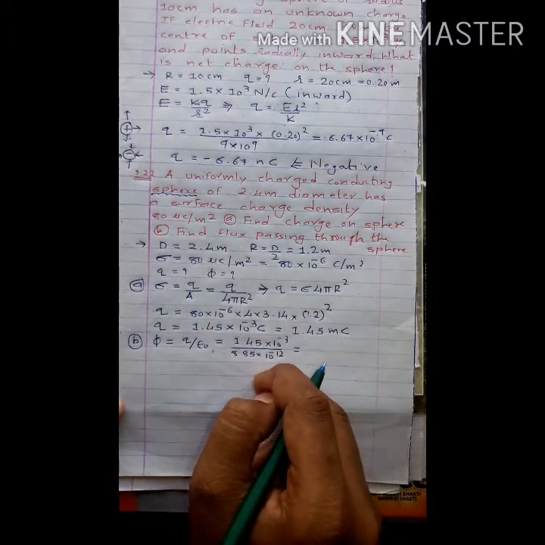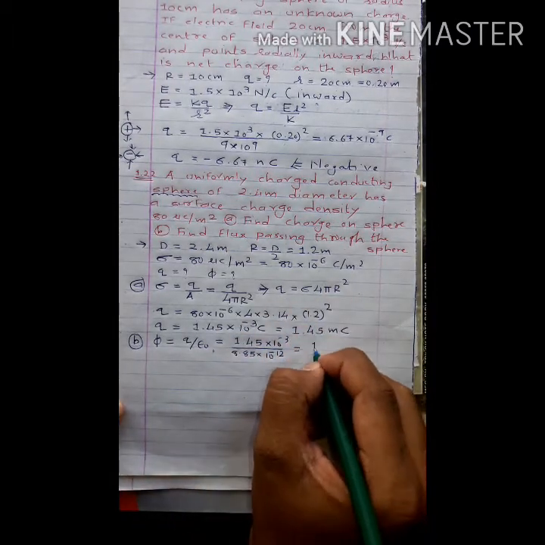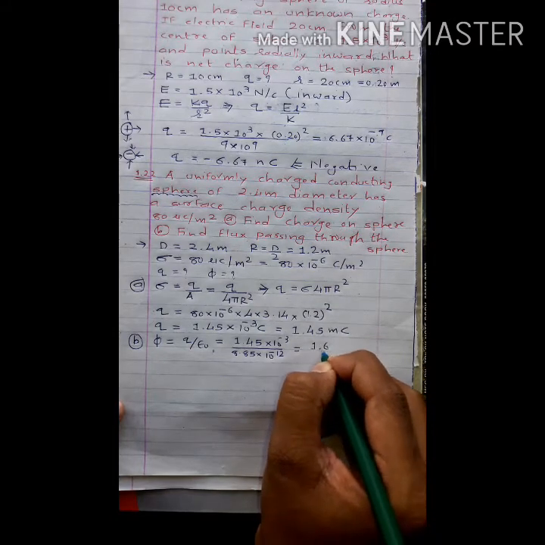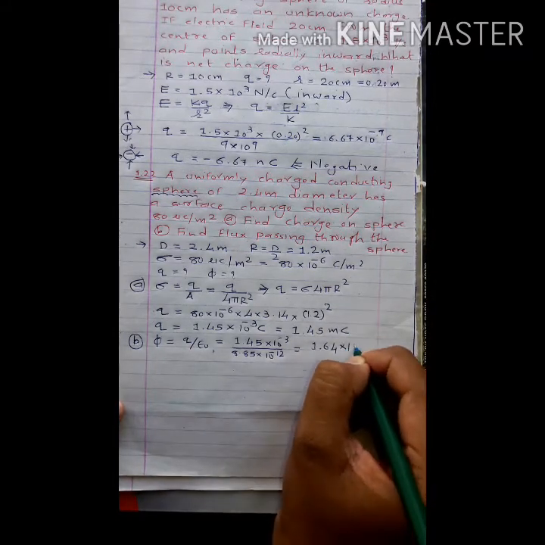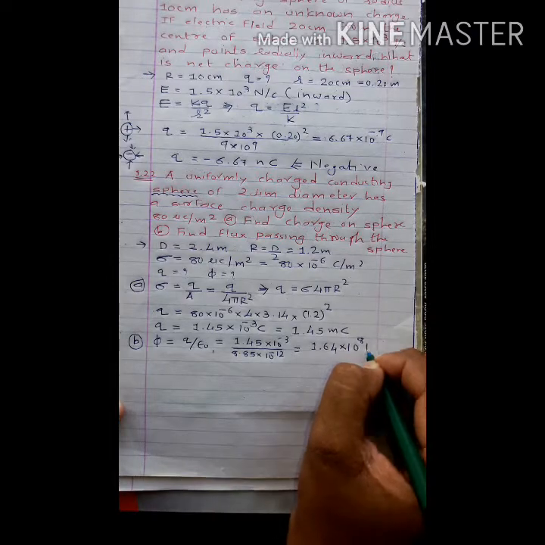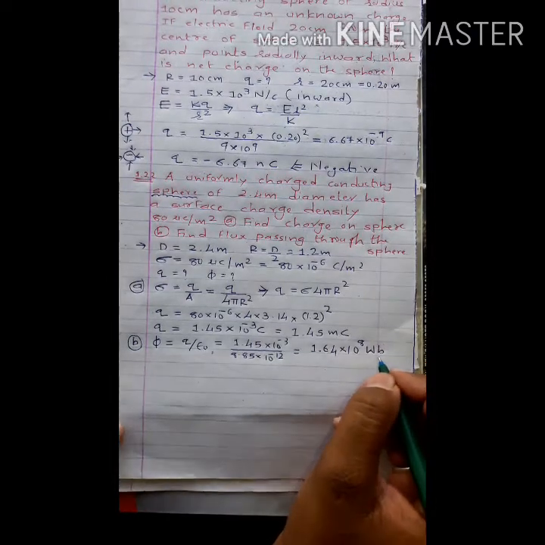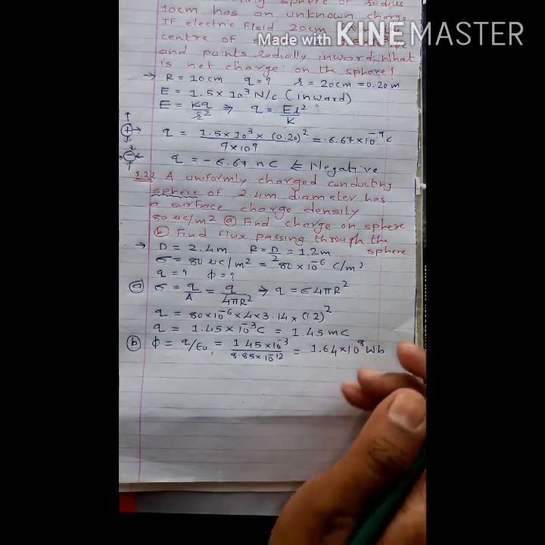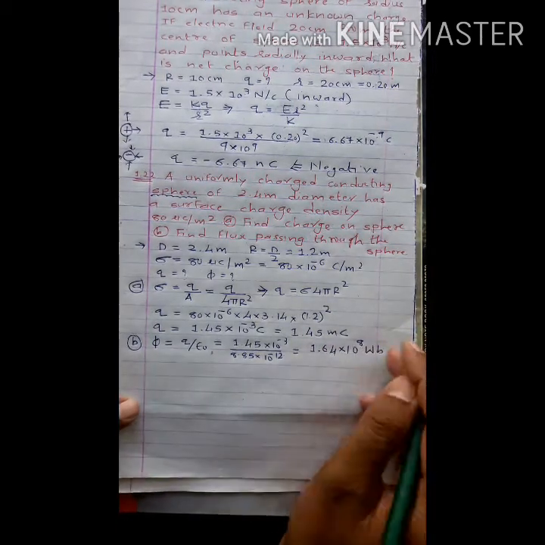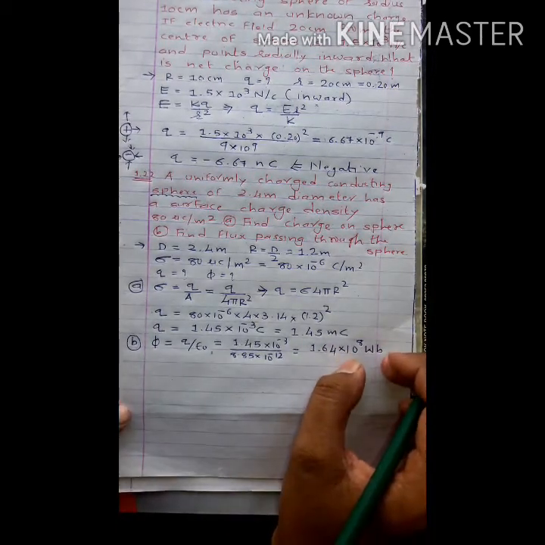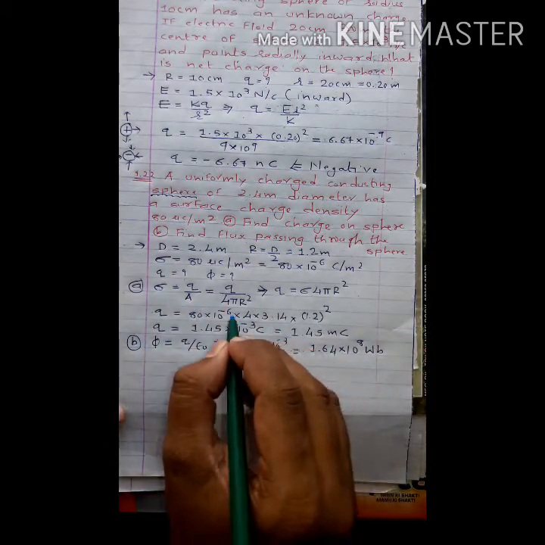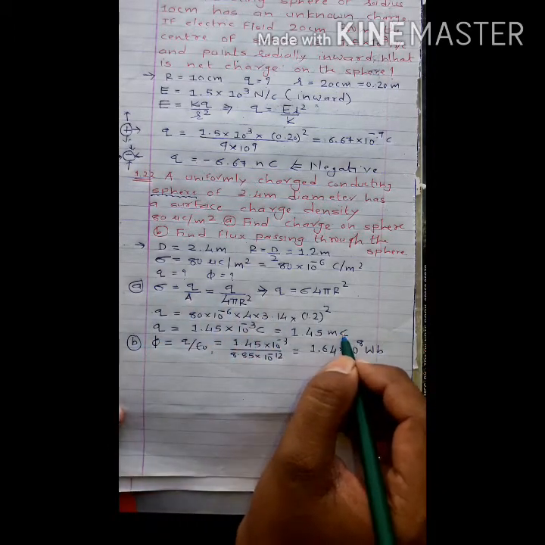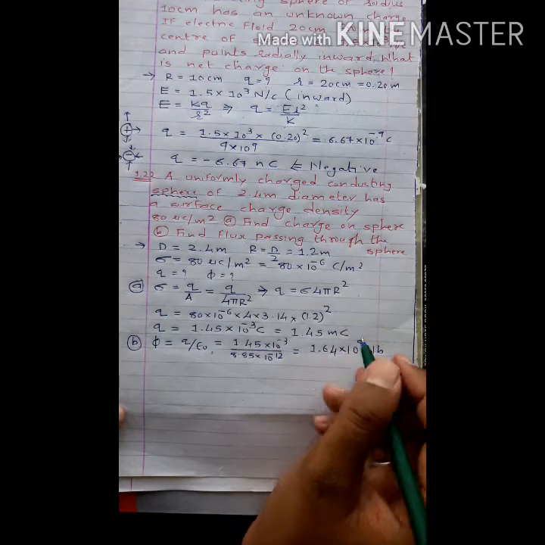Try to find the solution. Our answer is 1.64 into 10 to the power 8 Weber, or Newton meter square per coulomb. So the flux linked with this sphere is 1.64 into 10 to the power 8 Weber, and the charge is 1.45 millicoulomb.